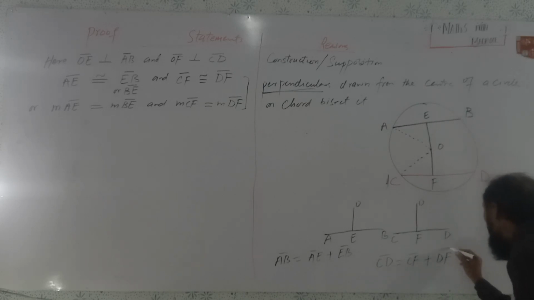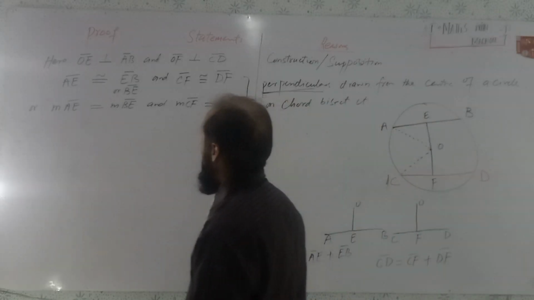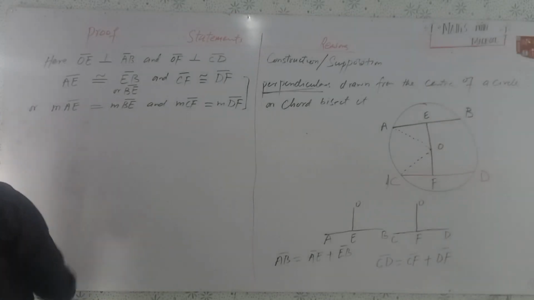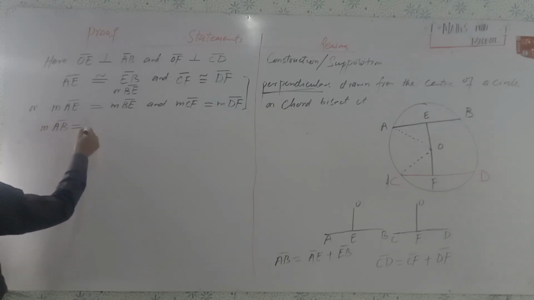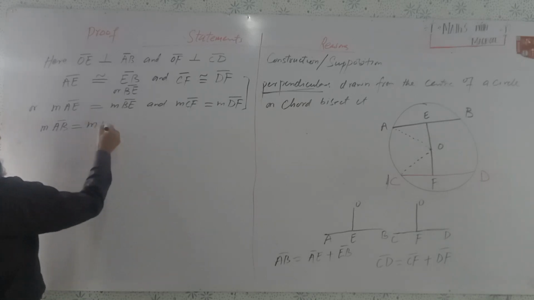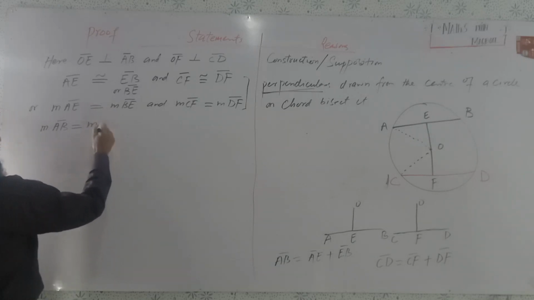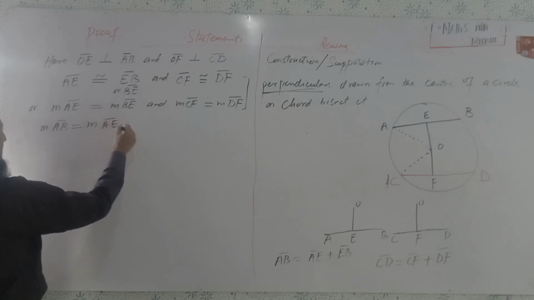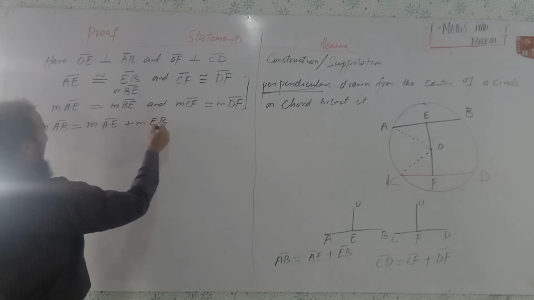Now for line AB, we can write measurement AB as measurement AE plus measurement EB.